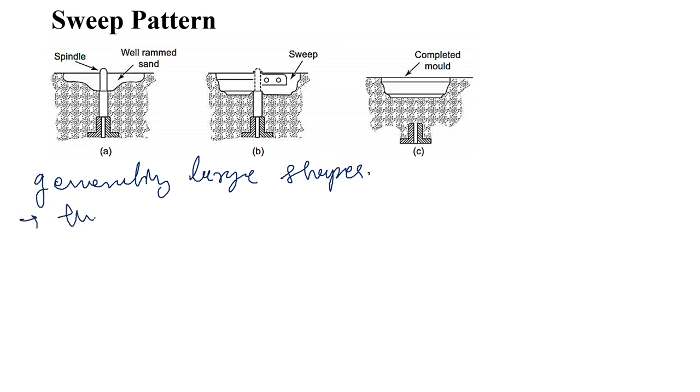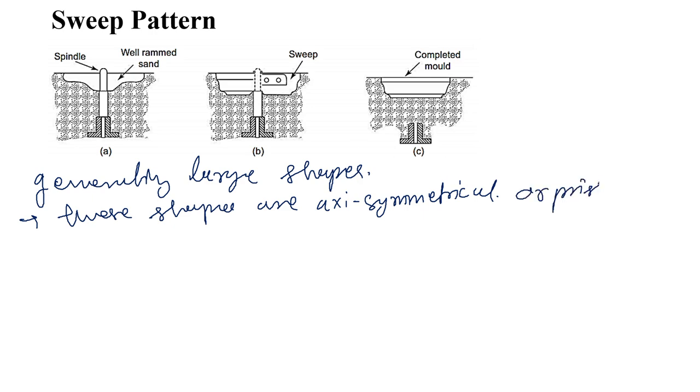These shapes are axisymmetrical or prismatic in nature. You can say bell shaped or cylindrical.